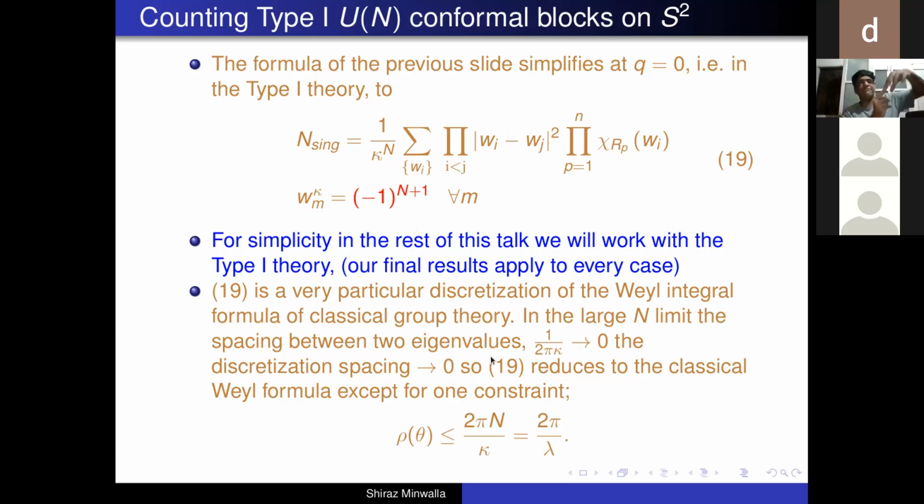You cannot have more than one eigenvalue per unit 2 pi by kappa in eigenvalue phase space. This tells you that the density of eigenvalues that comes out of this formula is bounded. It cannot become more than 2 pi n divided by kappa. The n is because of the normalization in our definition of the eigenvalue density, and therefore it cannot become more than 2 pi by lambda. This may begin to sound familiar.